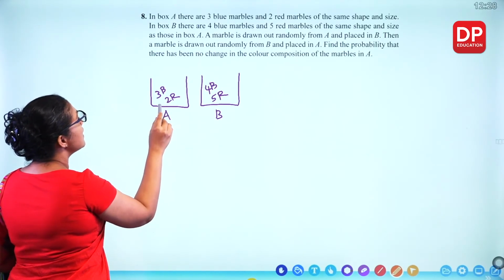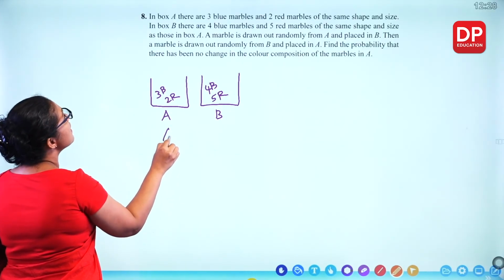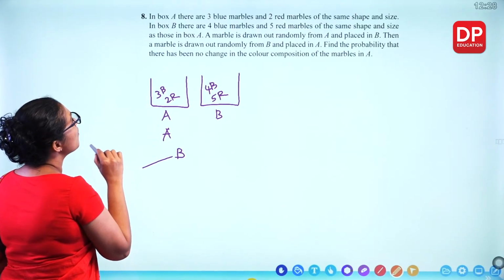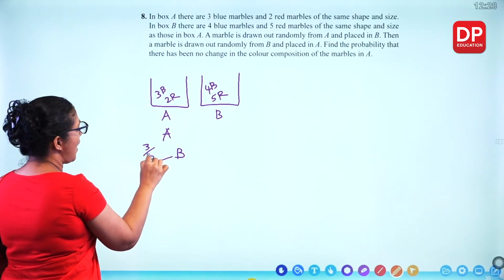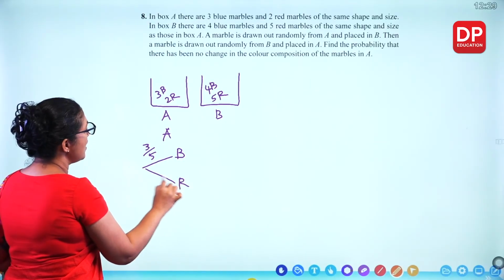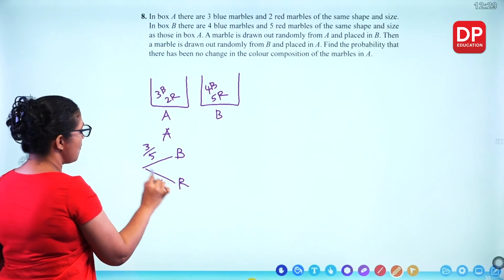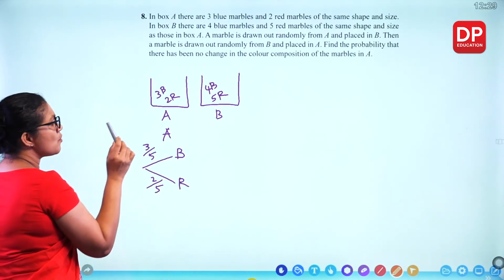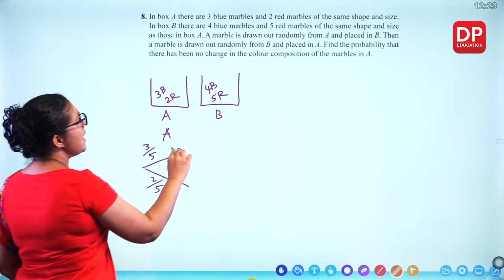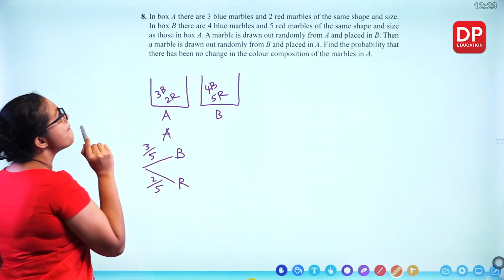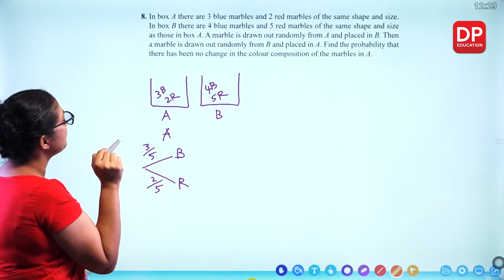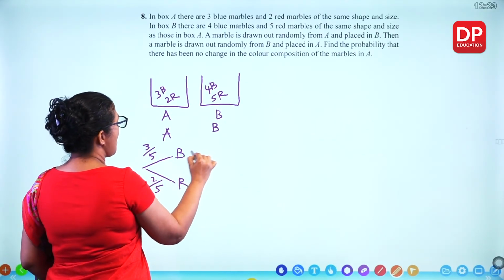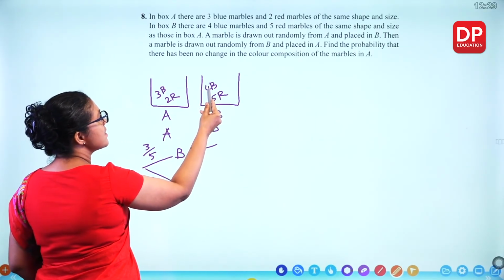So if you take box A, getting a blue one is 3 over 5. What's getting a red one? 2 over 5. So now if the first one is blue and it is placed in box B, what happens to box B? Blue increases with this one.